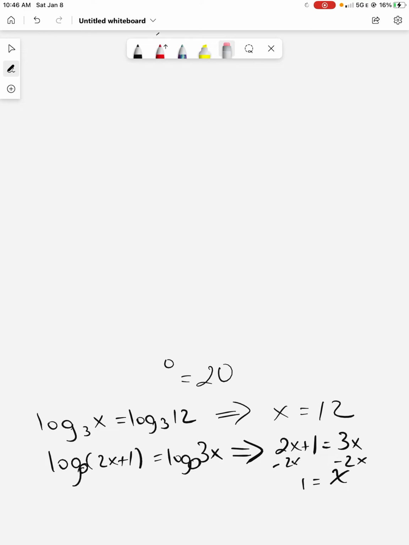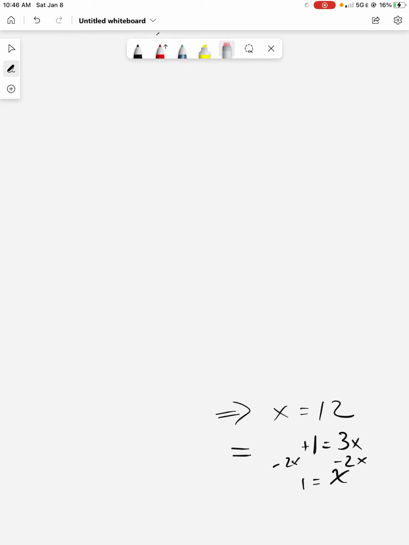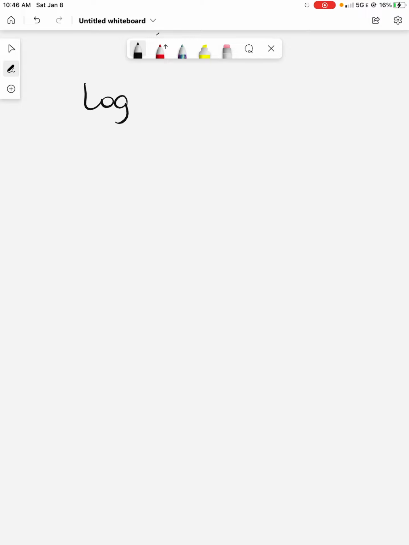We have a natural logarithm that is the opposite of that. And so when you have log base e, this is called the natural logarithmic function, and it's usually abbreviated ln x. So natural log.